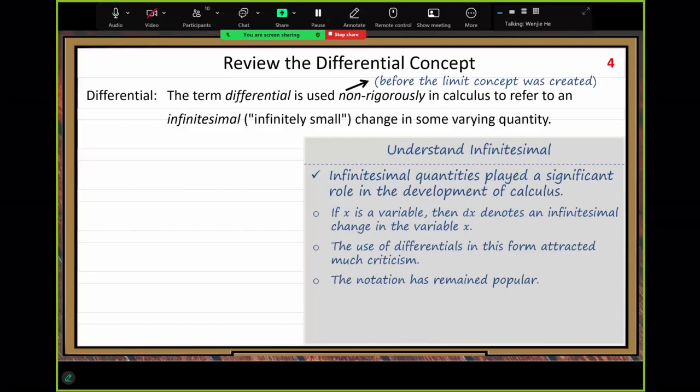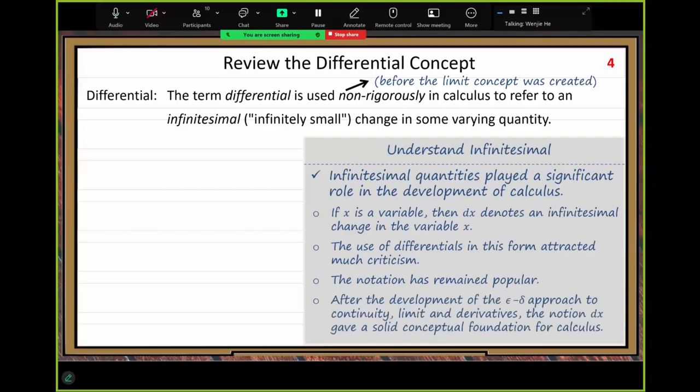But the problem is, the foundation is not solid. The foundation must be fixed. Then the next part: fixing the foundation. After development of the epsilon delta approach to continuity, limits, and derivatives in calculus, there is a rigorous definition using the epsilon delta language to define limits, continuity, and derivatives, right?